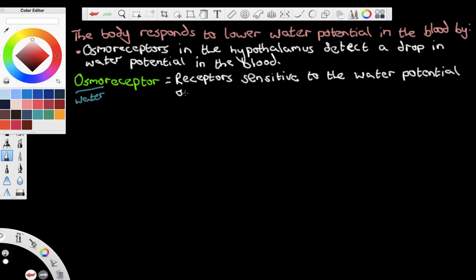So osmoreceptors are receptors sensitive to the water potential of the blood.